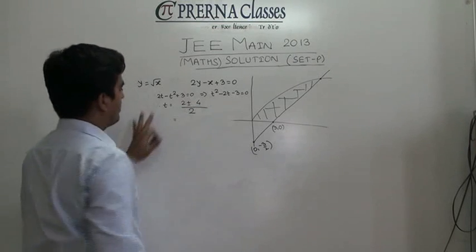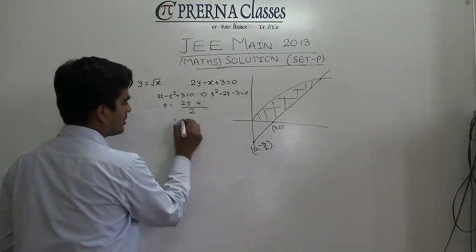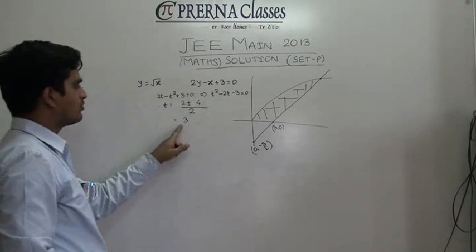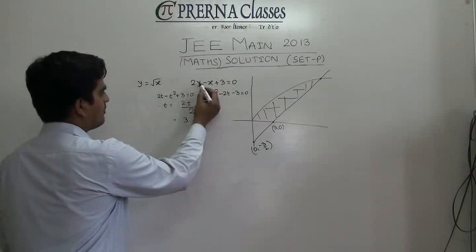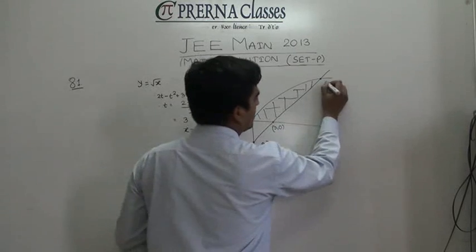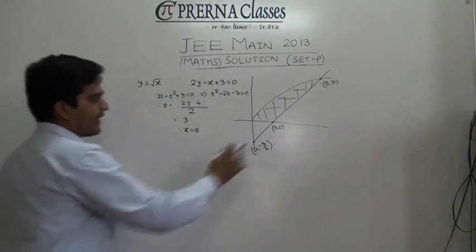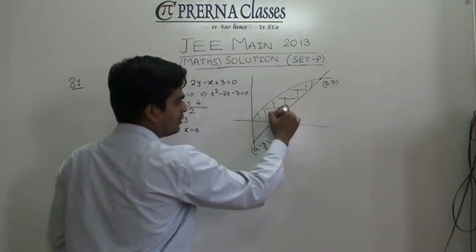Since we know that t is positive, rejecting the negative value, we end up getting t as 3, where t, if you recall, was root x, so x is 9, for this particular case. Obviously y is 3.